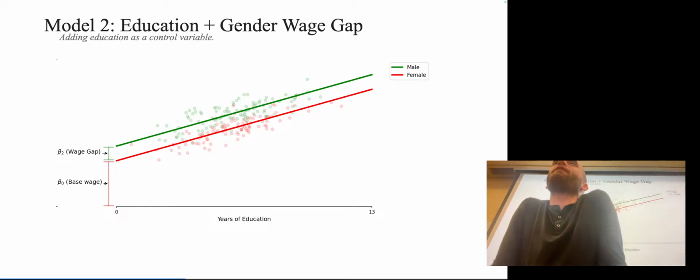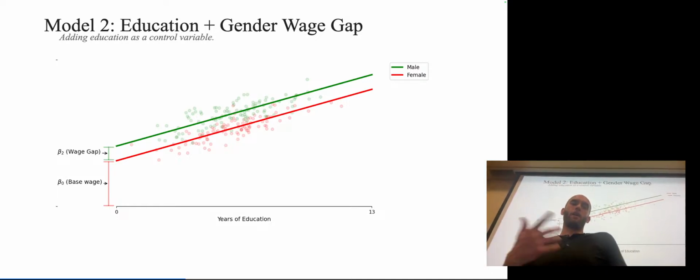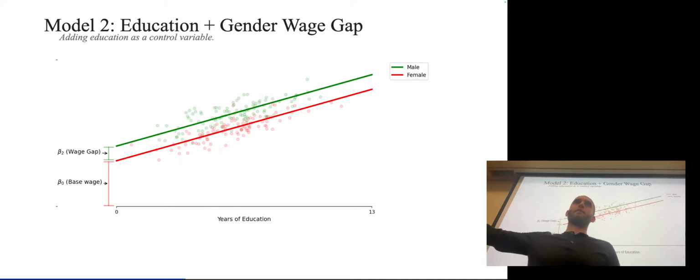What's the y variable? Ben. Wage. Wage, or log income as we have in our data, is our y variable. And then we have base wage, which is our beta 0. So it's just the vertical intercept when you're coded as 0. What else might we have? What's another variable we could include? Luke.